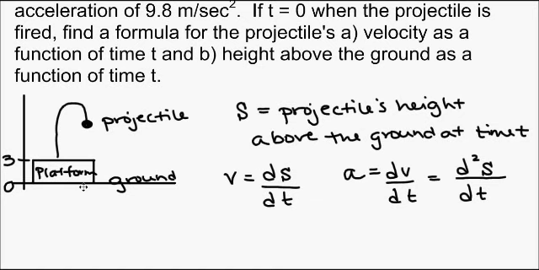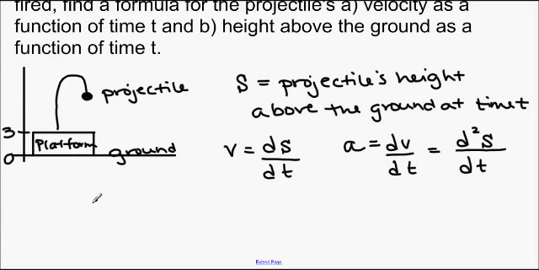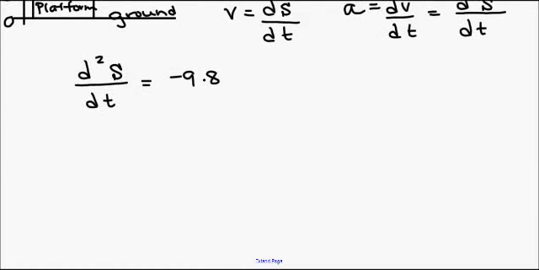So our differential equation is the acceleration, or our second derivative, equals negative 9.8. And again, that's because gravity's pushing our projectile towards the ground.